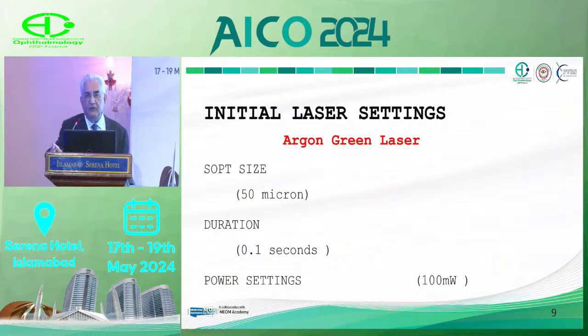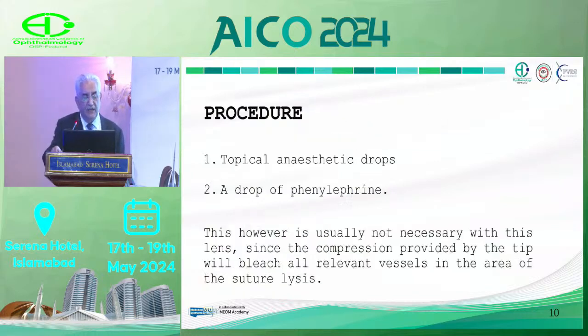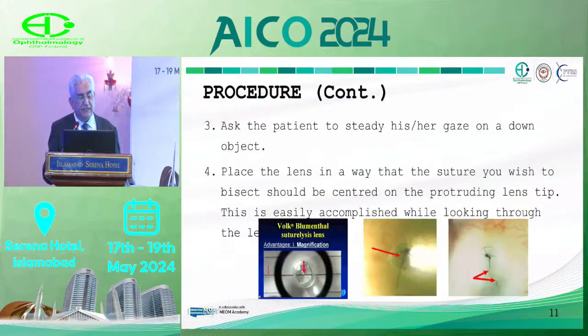You can vary it, you can increase it to 100 milliwatts according to your need, and you put a topical anesthetic drop, and a drop of phenylephrine, the pink eye disappears with phenylephrine because of vasoconstriction. This, however, is usually not necessary with this lens, since the compression provided by the tip of the lens will bleach the tissues in the area of the suture lysis.